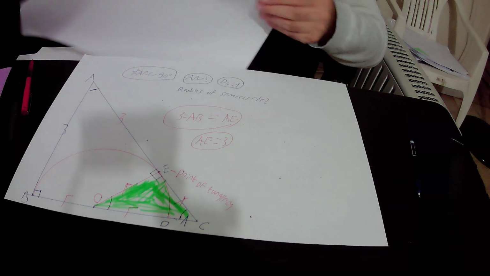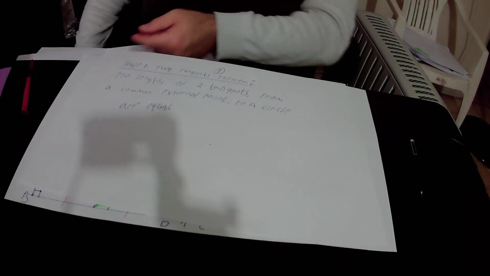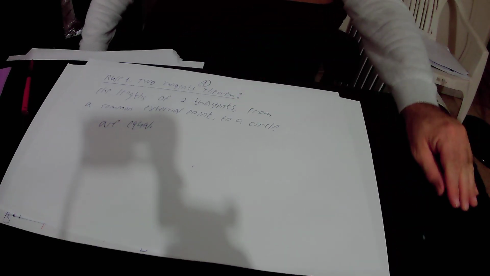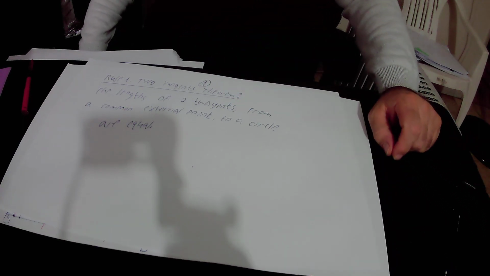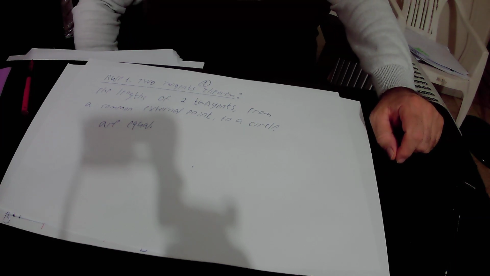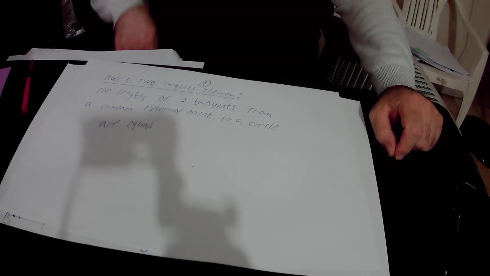I presented to you rule number 1. According to rule number 1, or the two tangents theorem, the lengths of two tangents from a common external point to a circle are equal.